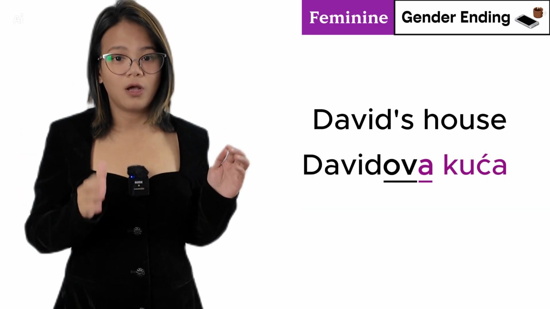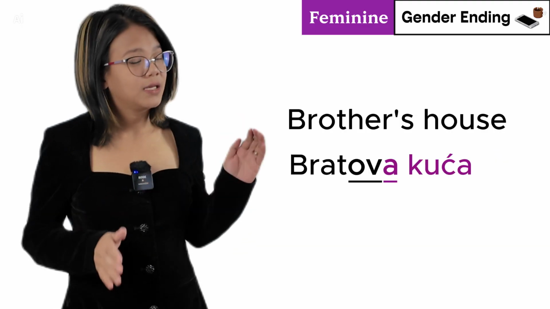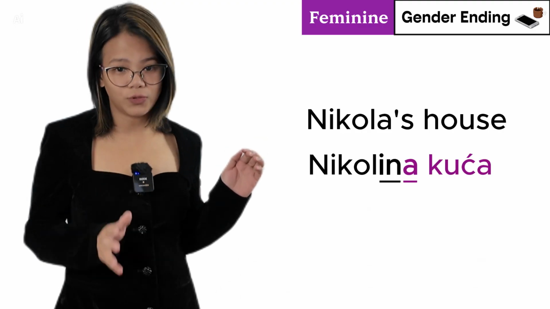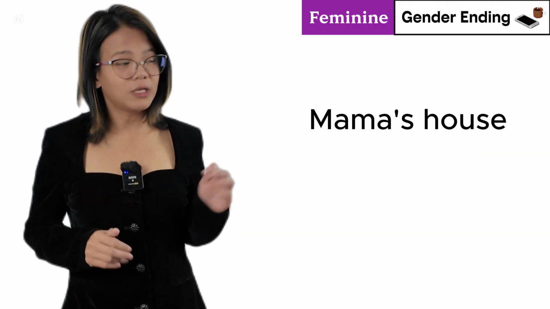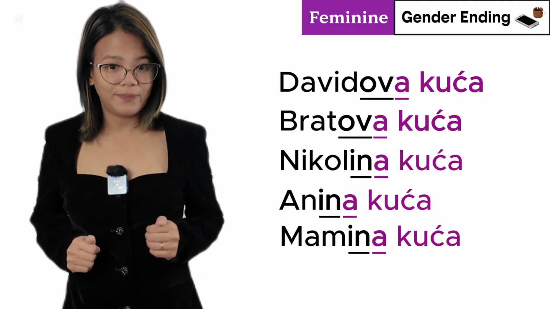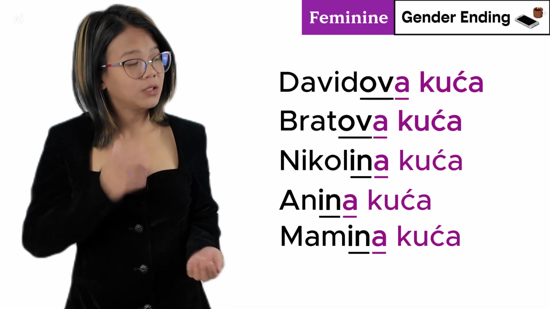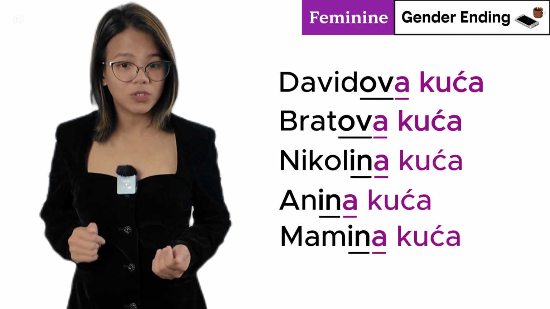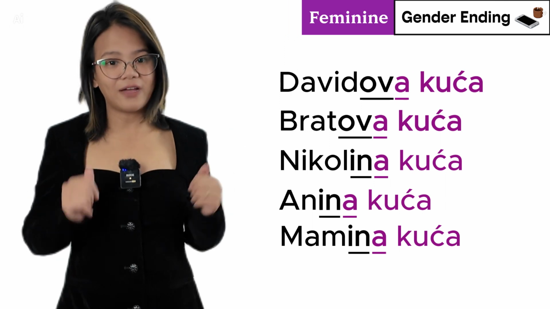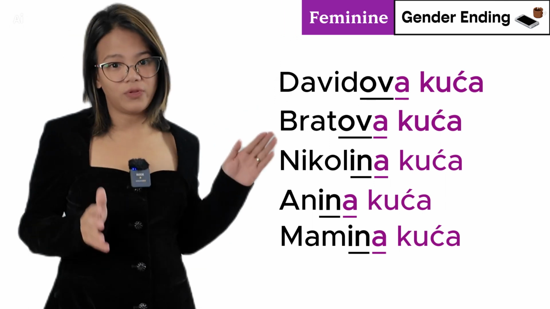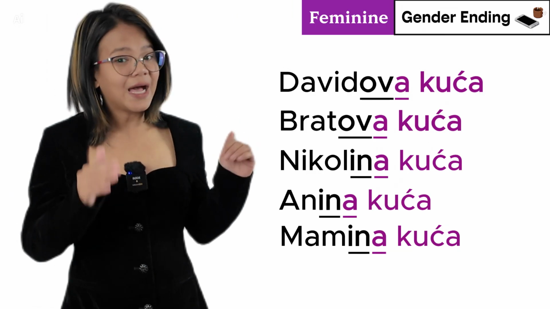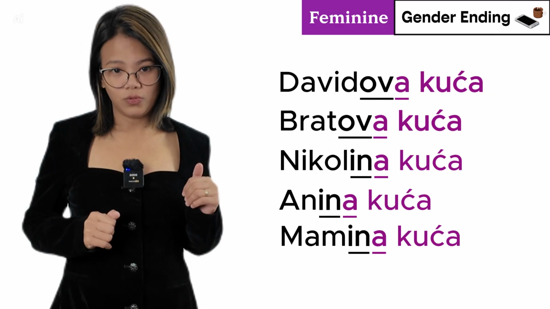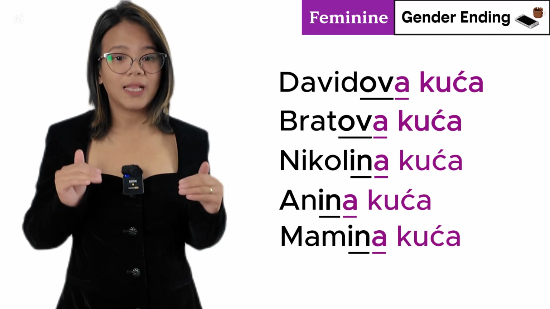Davidova kucha. More examples with kucha. Brother's house, Bratova kucha. Nicola's house, Nikolina kucha. Anna's house, Anina kucha. Mother's house, Mamina kucha. You see the pattern? Different owners, but kucha is always feminine, so we always add a after ov or in. Davidova kucha, Bratova kucha, Nikolina kucha, Anina kucha, Mamina kucha. All feminine nouns work like this.